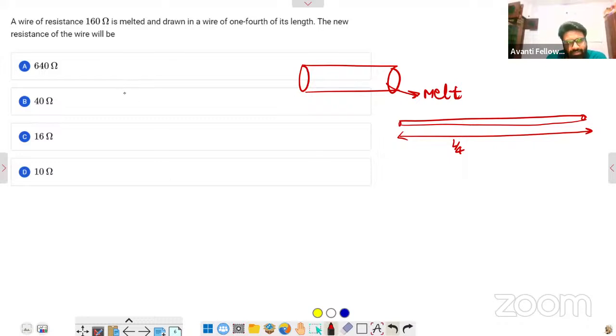The new resistance of the wire will be, टेल मी. देखो R इज डायरेक्टली प्रोपोर्शनल टू L. ठीक है, सो वी कैन से दैट R1 बाई R2 इज इक्वल टू L1 बाई L2. क्लियर है, इसमें तो किसी को कोई डाउट नहीं है. अब देखो R1 इनिशियली कितना गिवन है, 160 ओम. 160 डिवाइडेड बाई R2 विच इज अननोन.